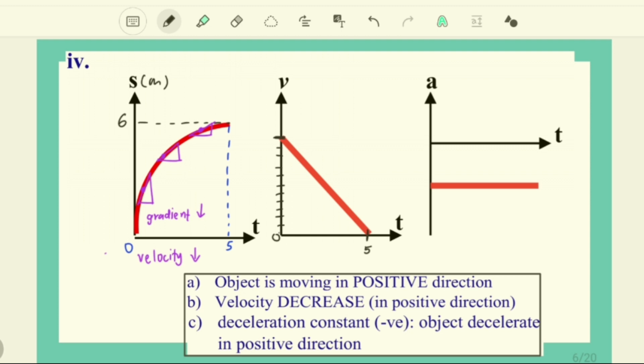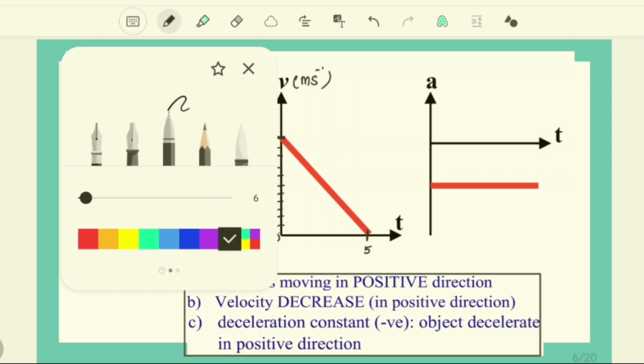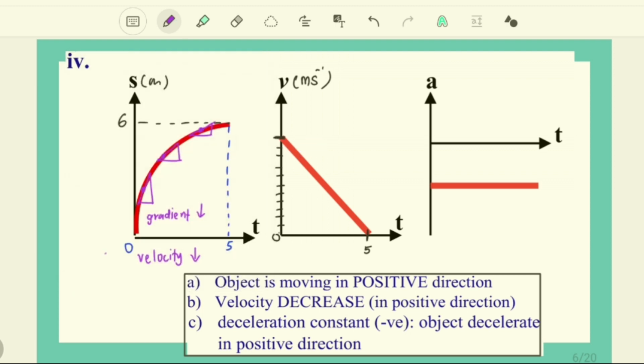Okay, alright. So now this is meter per second. So now what is the gradient of the graph VT? So straight line graph, okay, straight line graph but in negative. Okay, negative value. Okay, kalau kita kira gradient ni, kita akan dapat gradient dia adalah negative value. Sebab apa dia negative value?